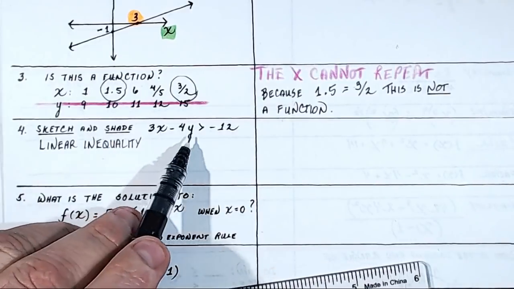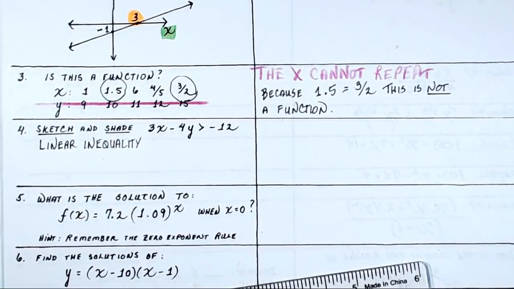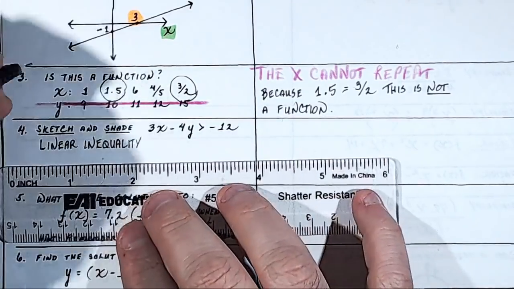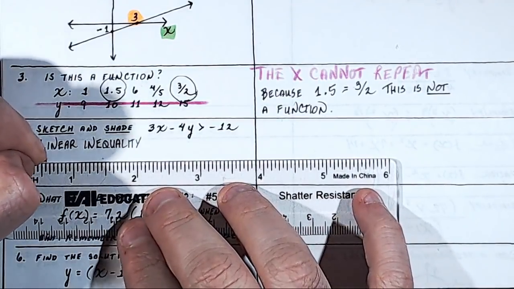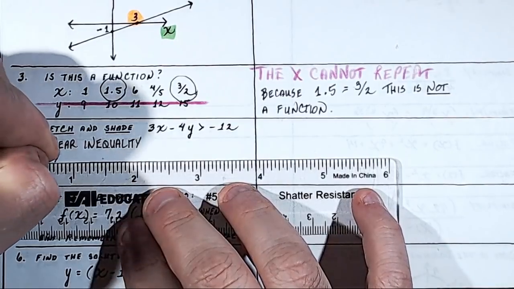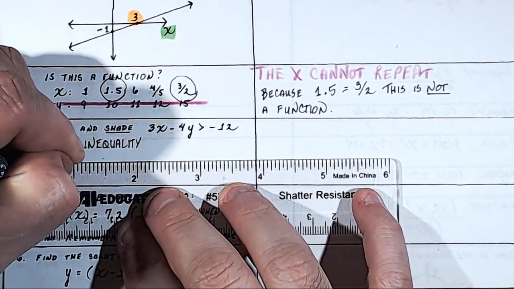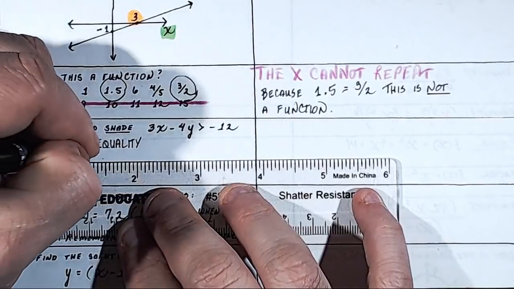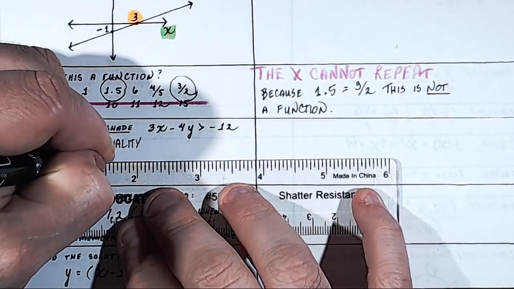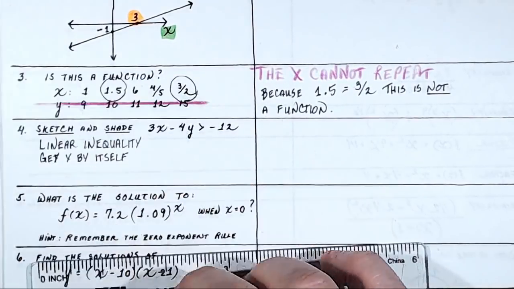I know it's an inequality because there's an inequality symbol. So what I have to do, the very first thing I have to do is get y by itself. Okay?